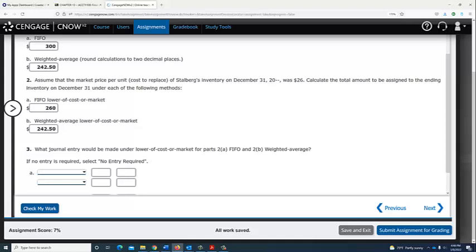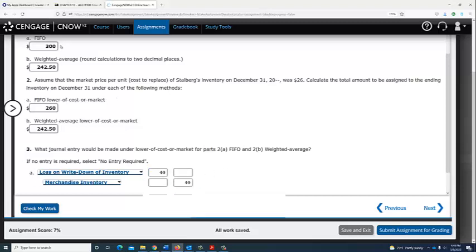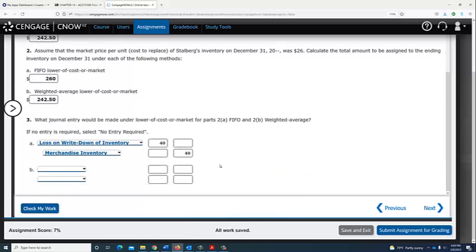In order to do that, we're going to debit loss on write-down of inventory, and then we're going to credit our merchandise inventory to bring it down by $40. So what this does is it moves the balance down from 300. If I have 300 in my merchandise inventory account and I credit it for 40, then that number becomes 260. So I'm going to record a loss on that write down.